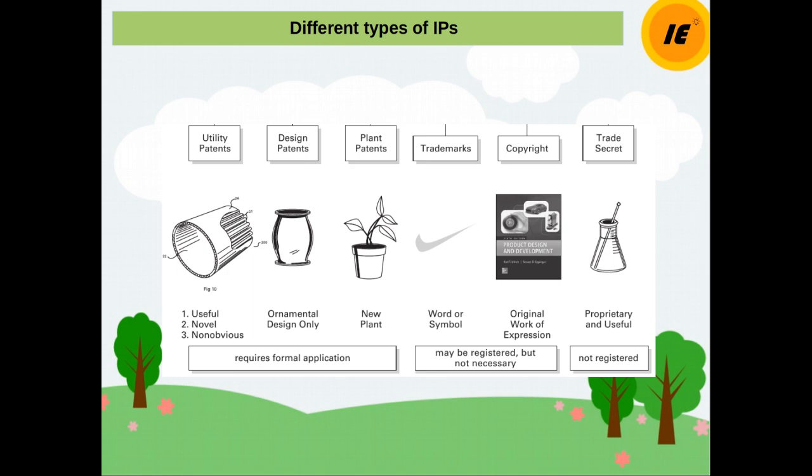Anyway, design patent, as I can see from the information, is in context to ornamental design only. And plant patent is another type of patent, which I believe is for different breeds of plants, hybrid breeds or genetically modified, whatever it is.